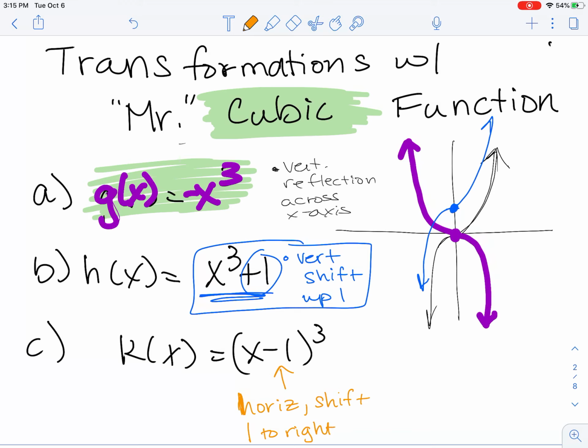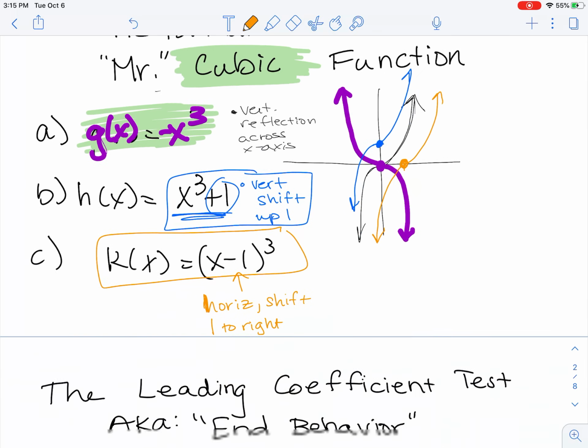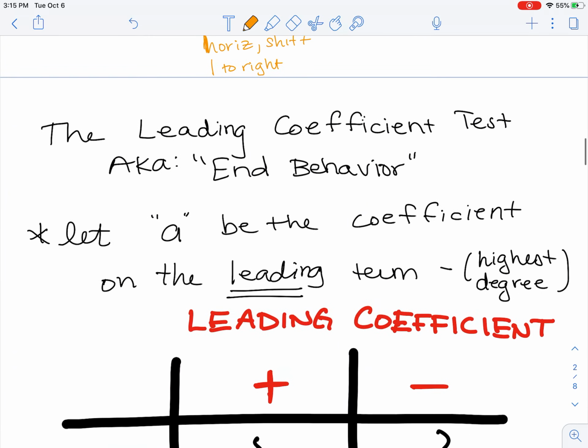So from our black graph, we're going to go over to the right one, and we're going to have the same shape. Okay. So it's the same shape of our graph, but we're still using those transformations just like we were before when we were talking about our parabolas from chapter 1.